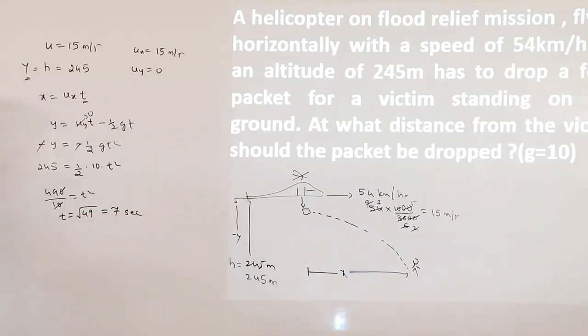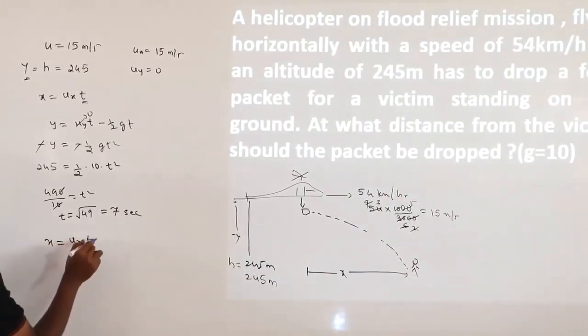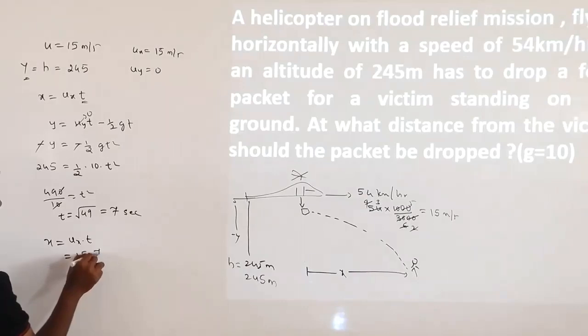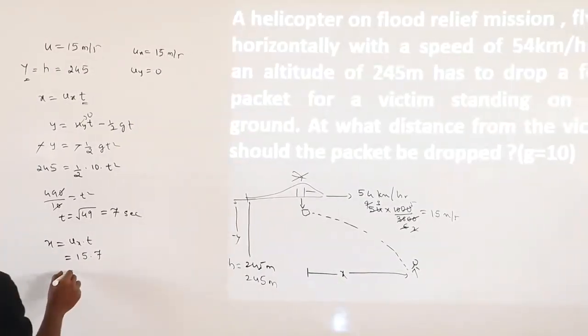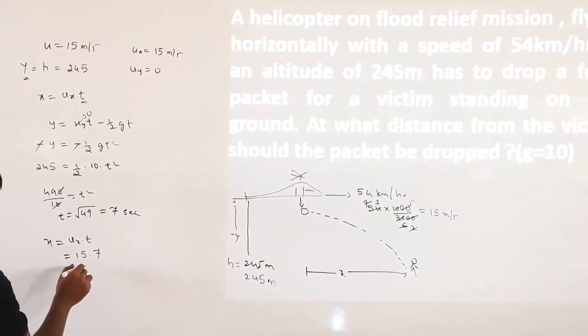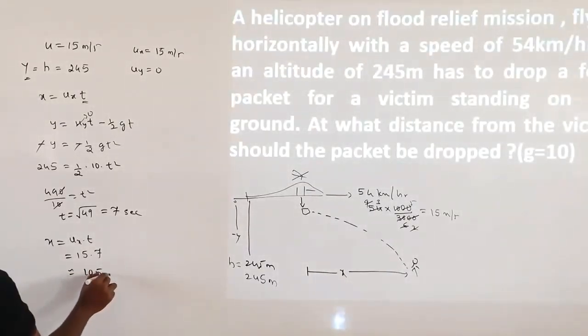So x you have to calculate, that is the horizontal distance. So horizontal distance x equals ux into t. What is ux? 15 into t, t is 7. So how much will you get? You will get 105 meter.